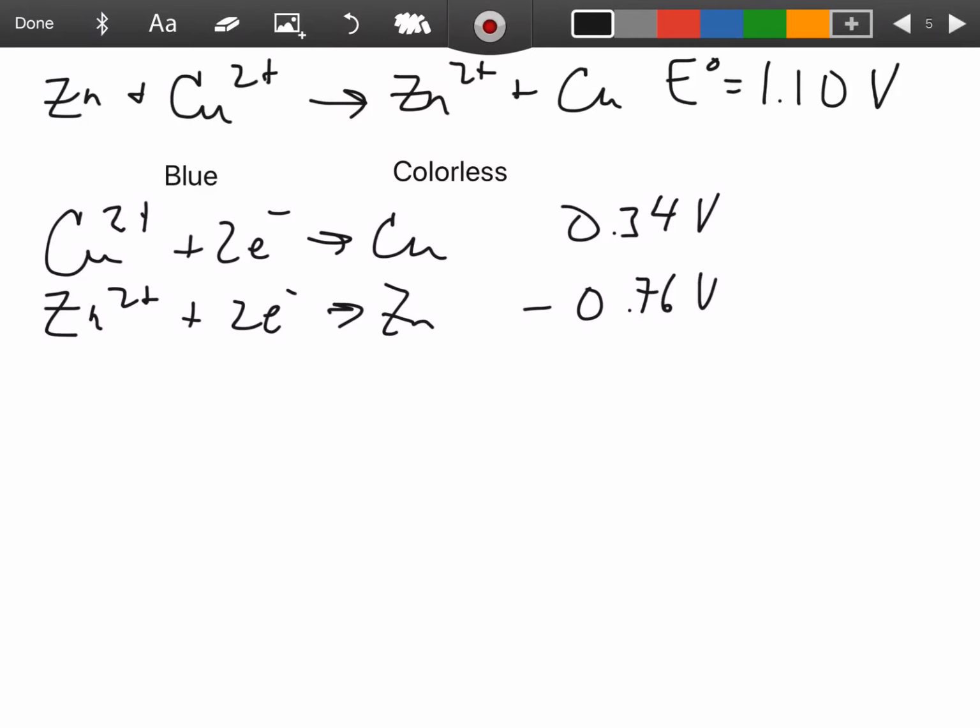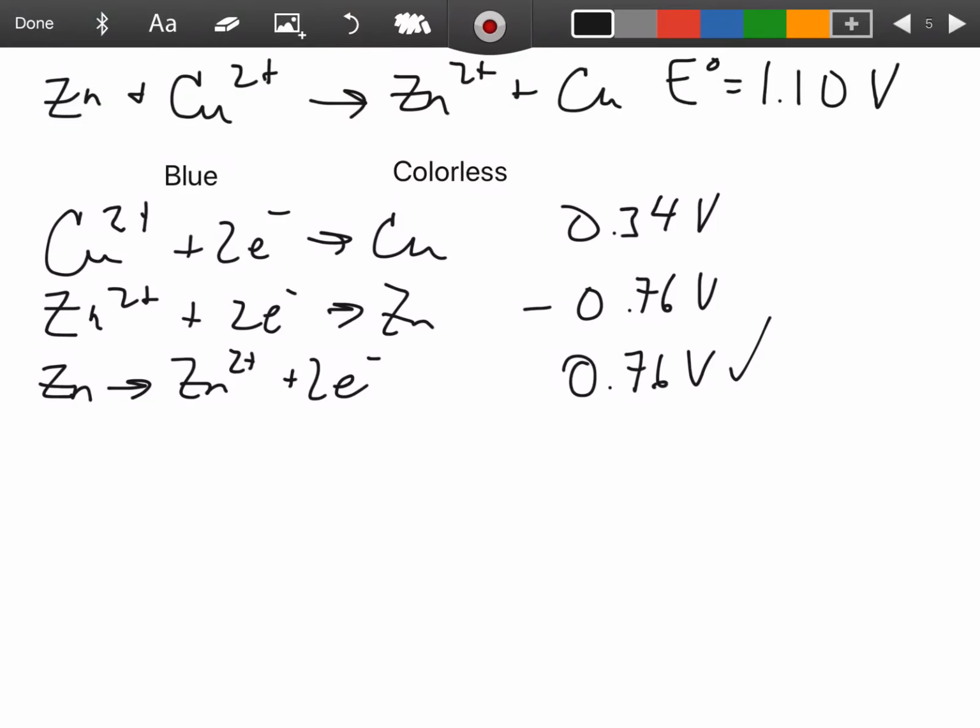If we have one reduction, we must have an oxidation half reaction to go with it. So I'm going to rewrite that second equation to read zinc going to zinc 2 plus plus 2 electrons. If I turn that equation around, I also have to flip the sign of the 0.76, so it's now a positive 0.76 volts.